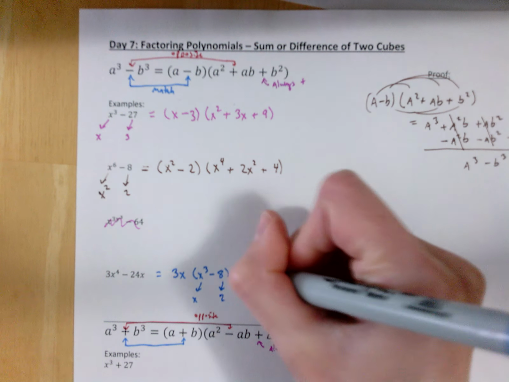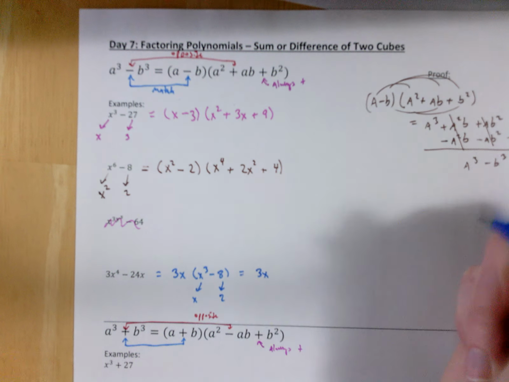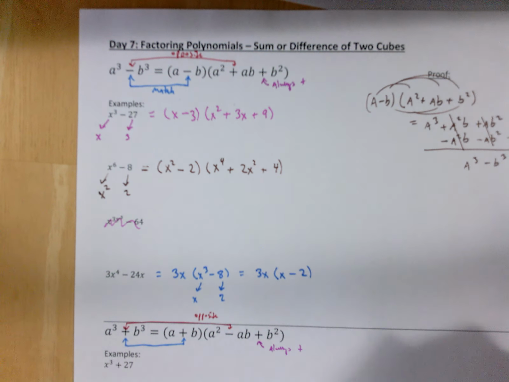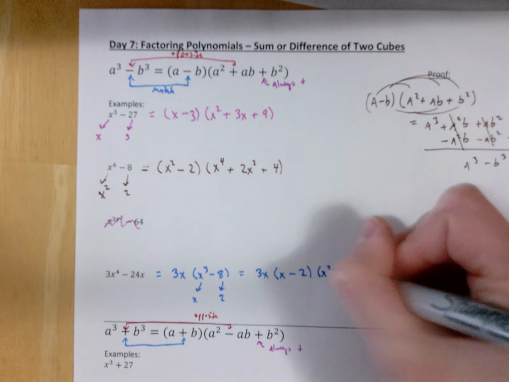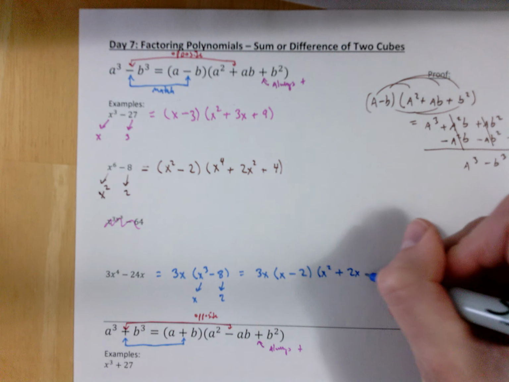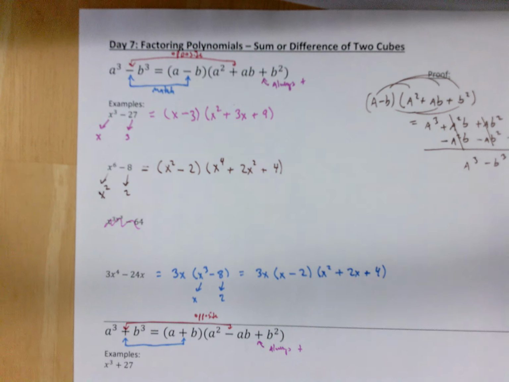So for my final answer, I'm just going to copy over the 3x. And then it's first thing, matching sign, second thing. First thing squared, opposite sign, product of the two, and then plus the second thing squared. Okay. And there we go.